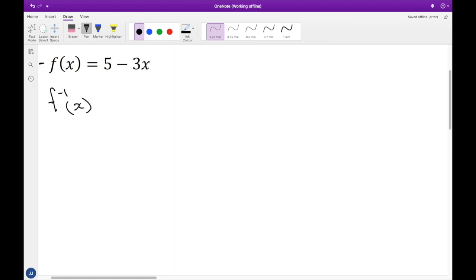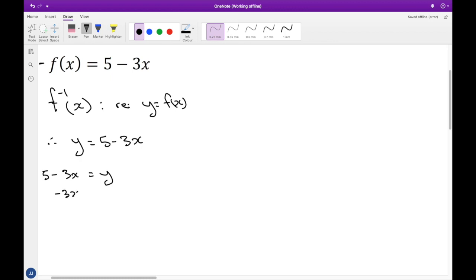So what I will do is recall that y is equal to f of x. Therefore, y is equal to 5 minus 3x. And now I'll make x the subject of the formula. So 5 minus 3x is equal to y, right?